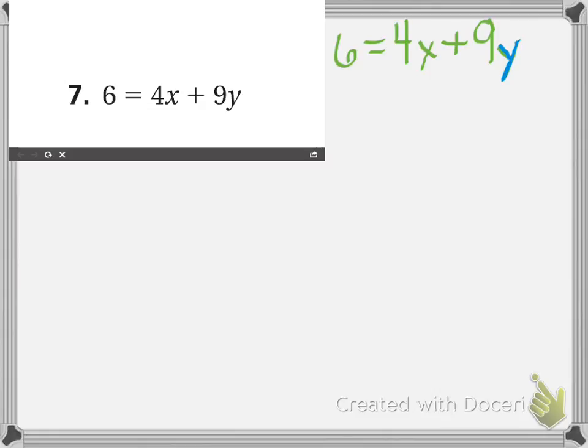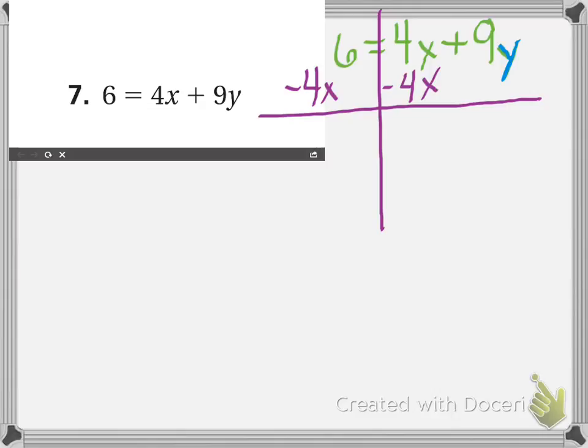So we're going to undo the terms that are on the same side as the y. So in this case, it's 4x. So when we flip it to the other side, we have to do the opposite. So we had positive 4x, so now we have to subtract 4x. 4x take away 4x gives us 0, so we're left with just 9y on the right side.